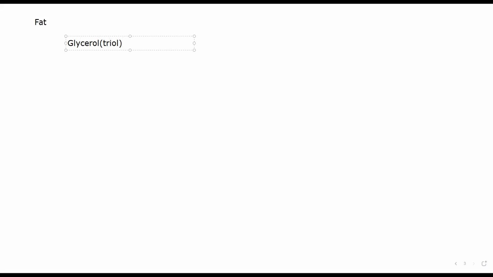So glycerol reacted with fatty acids, this will result in a formation of fats. So when glycerol reacted with fatty acid, it will result in a formation of a molecule of fat and water molecules. You have to learn the word equation, you should know.